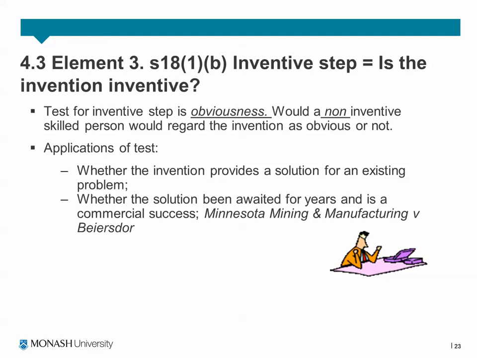We have a number, and we're going to list some on the next few slides. The applications of the test: whether the invention provides a solution to an existing problem, that's one. Whether the solution has been waited for years, it is a commercial success.